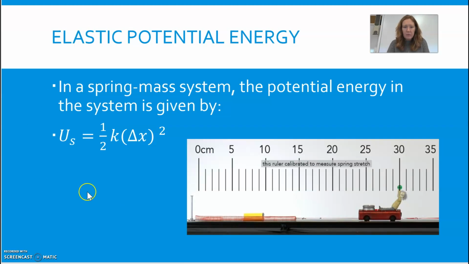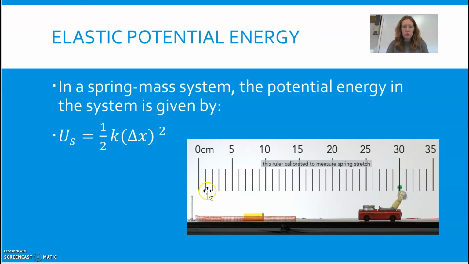And then when we talk about elastic potential energy, we're talking about the potential energy that is stored when a spring-block system, or a mass on the end of a spring, is stretched or compressed. So the reference level is set where the spring has zero potential energy when it's in its relaxed state.